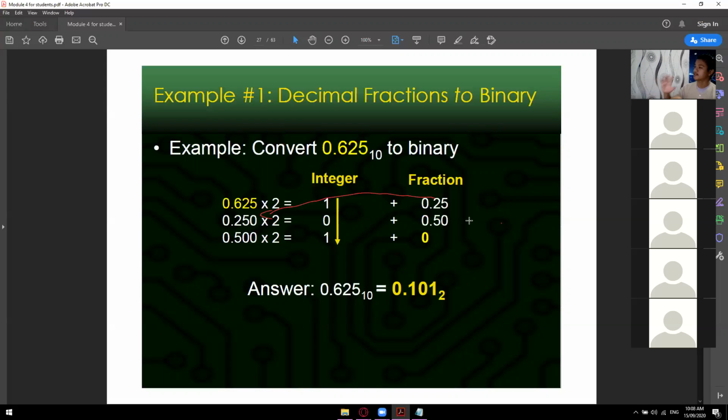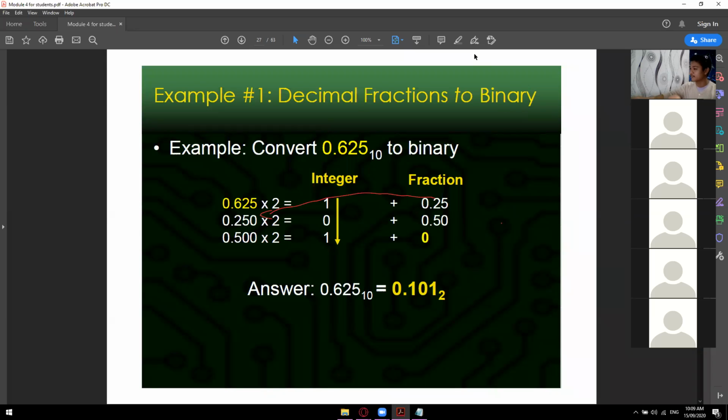Or sino nang nakagets? Alright, so magtatanong na lang ako para alam ko yung progress nyo.